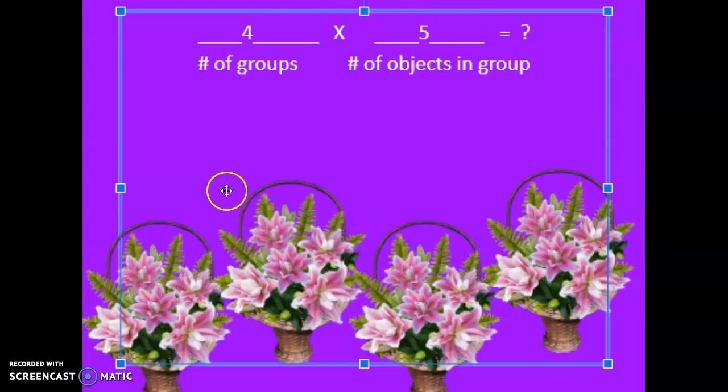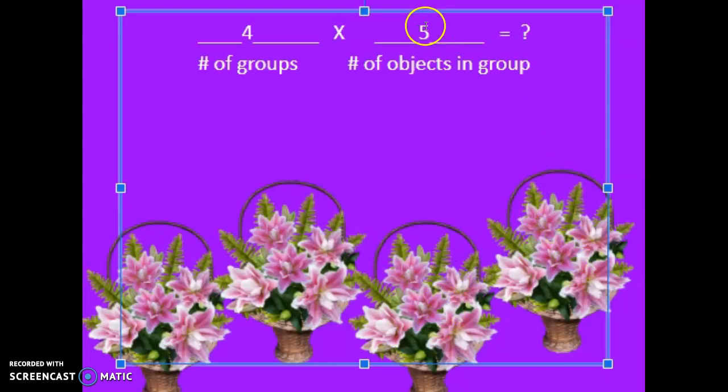Now, if I don't know the basic fact of 4 times 5, there are many ways that I can figure this out. I can do repeated addition, which means that I would have 4 groups of 5, which would be 5 plus 5 plus 5 plus 5.